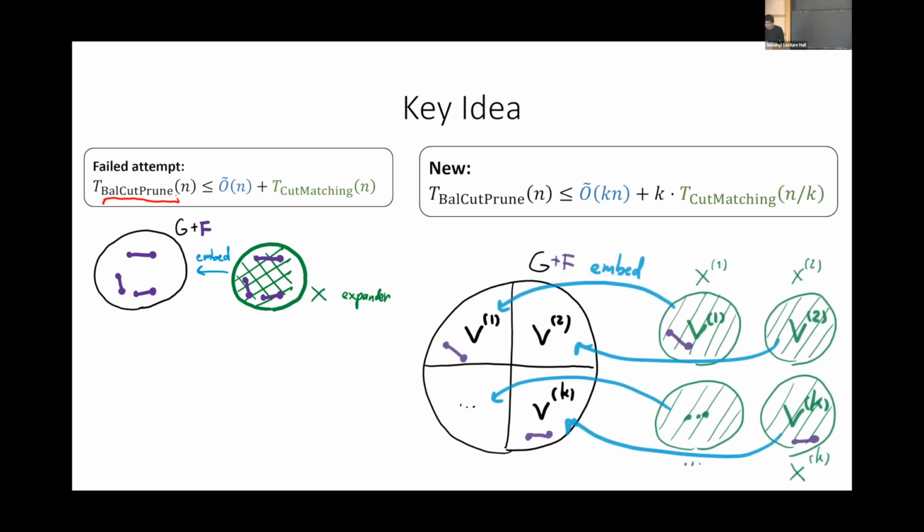I partition the graph arbitrarily into k parts, and what I want to do is embed an expander of size n over k into each part. So now the time to spend on each of these is a cut matching game on a graph of size n over k.